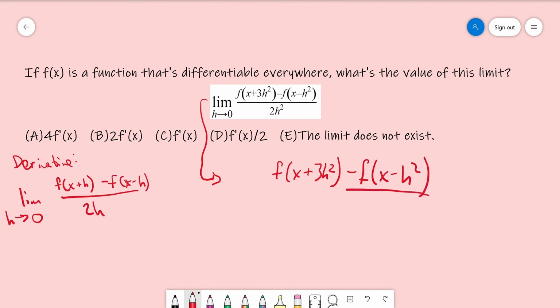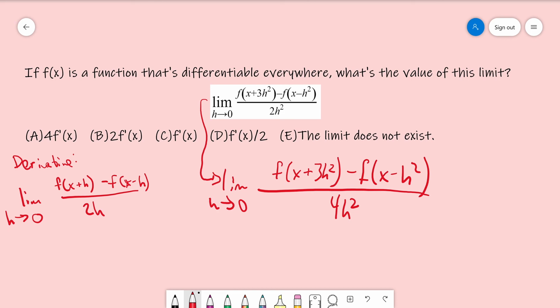The run here is not h or 2h, it's 3h squared minus negative h squared, so that would be 4h squared. Well, that's almost the same thing as our expression. In order to get this expression, we have to multiply the whole thing by 2.